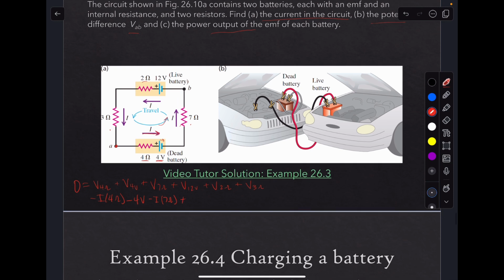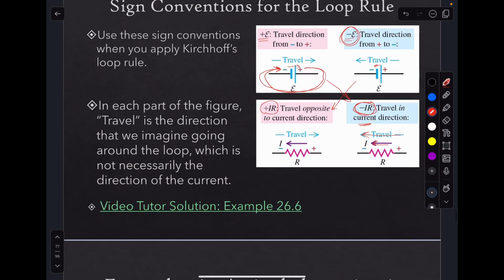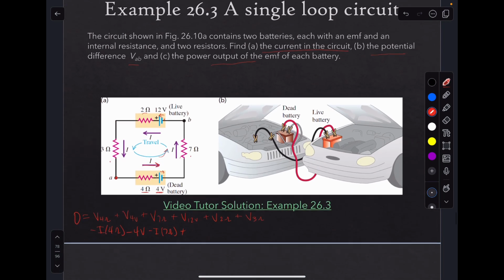And then we encounter this battery. So now the battery, if you notice, the terminals are linked up, right? Minus on this side to minus on this side. So now when we travel across that battery, we're going from minus to plus. And so when we go from minus to plus, that's our direction of travel, we're going to add the 12 volts.